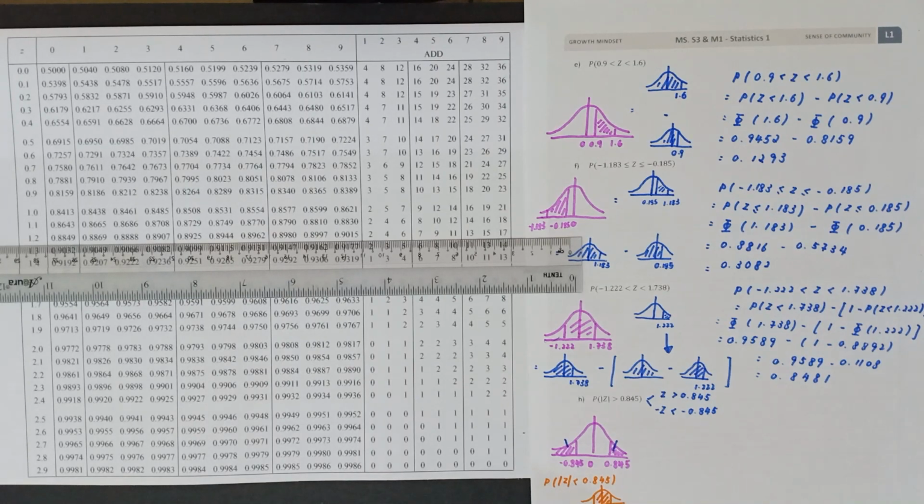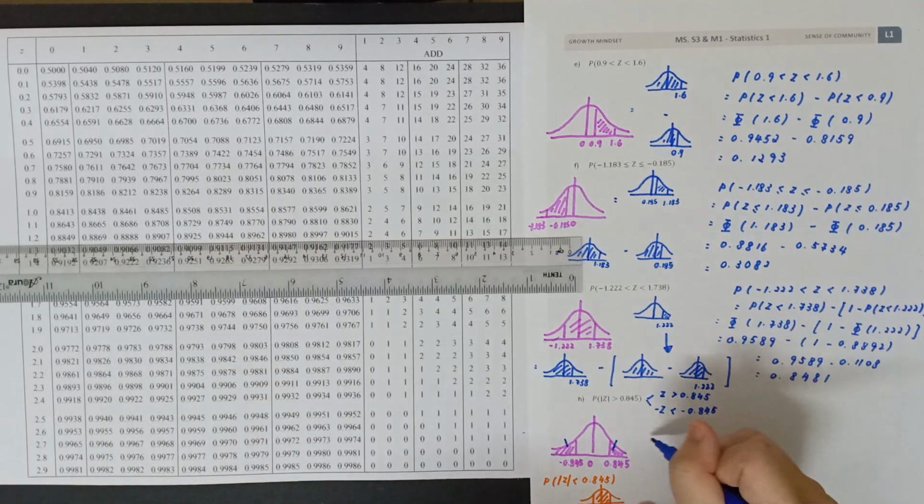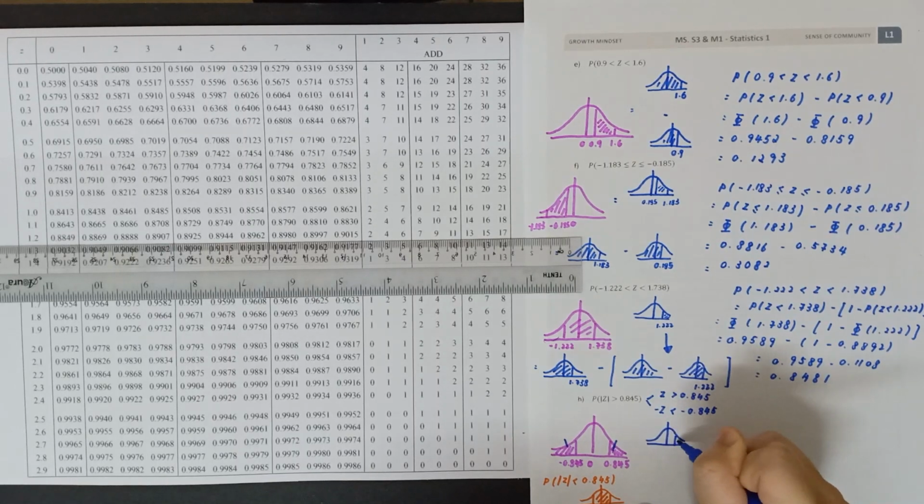So how do I get that? Which one is easier to find? Of course I'll choose the positive one because I don't want to do reflection. If I want to find this area, then you use 1 minus. You cannot find more than directly, so you use 1 minus the part that you don't want. What I'm trying to do is find the area beyond 0.845.